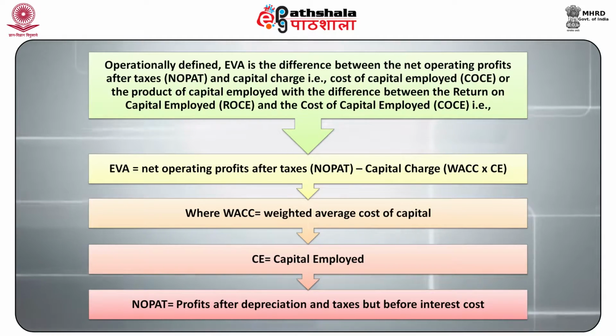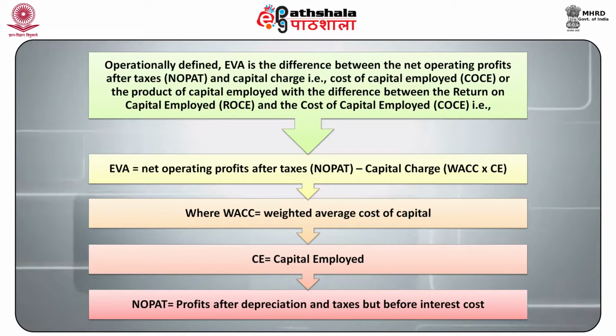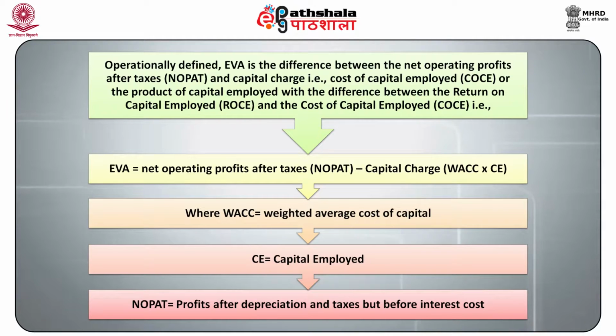Operationally defined, EVA is the difference between the net operating profits after taxes and capital charges, that is, cost of capital employed, or the product of capital employed with the difference between return on capital employed and cost of capital employed.